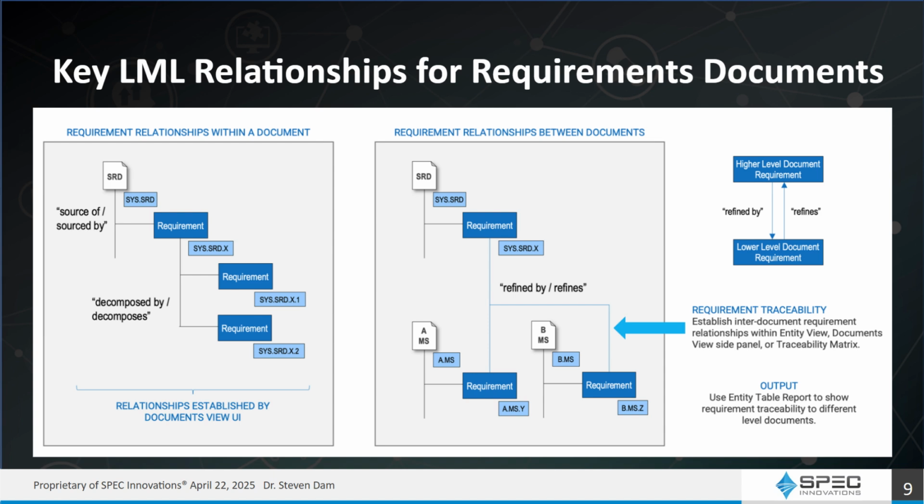Now, another trick we use a lot is we will use a mnemonic for the document type. So here, if you look at the first example, it says sys.srd. That's the number of that artifact. And then we identify the requirement as being sys.srd.x, whatever the number you want it to be.